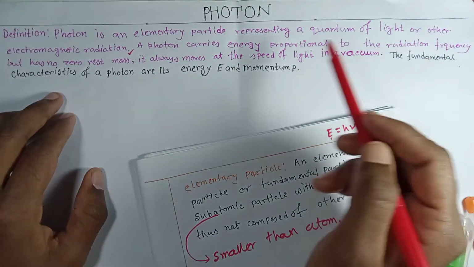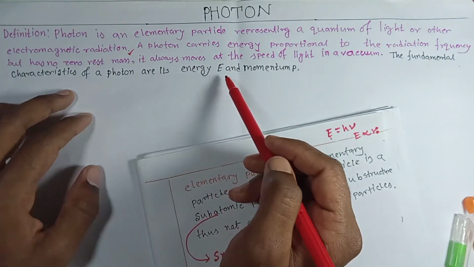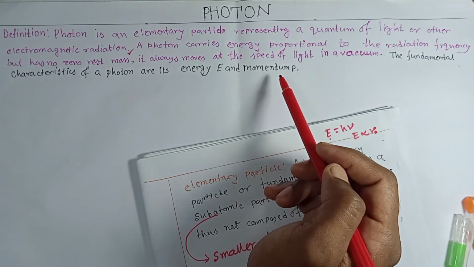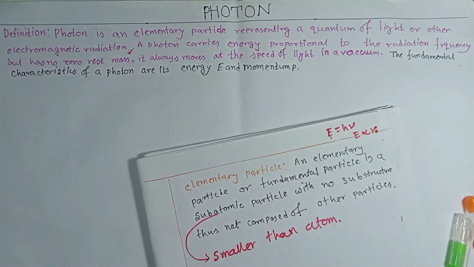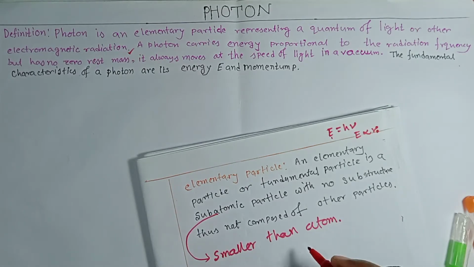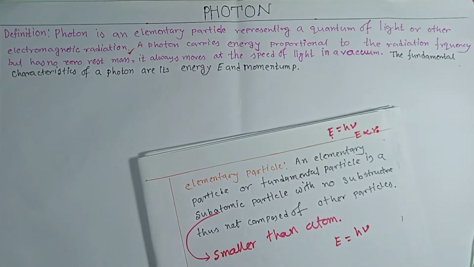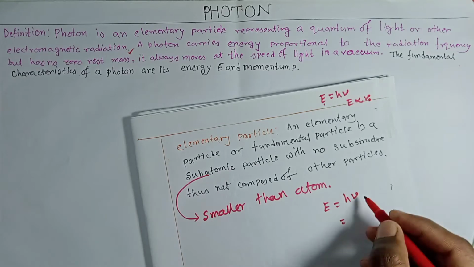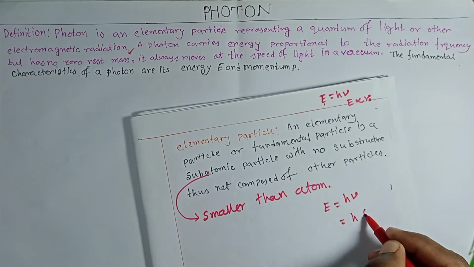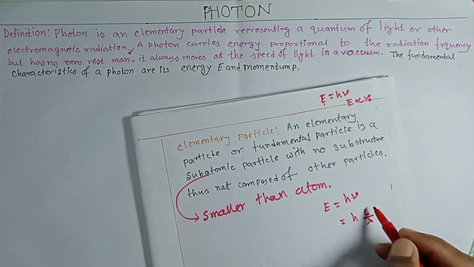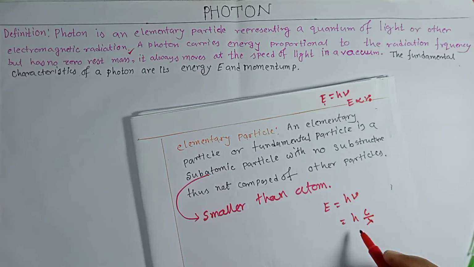The fundamental characteristics of a photon are its energy E and momentum P. We know that E equals h nu. We also know nu equals c upon lambda, where c is the velocity of light and lambda is the wavelength.